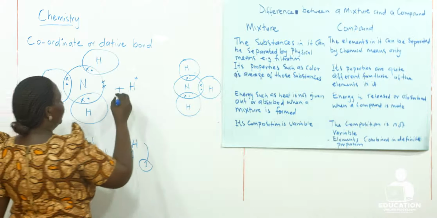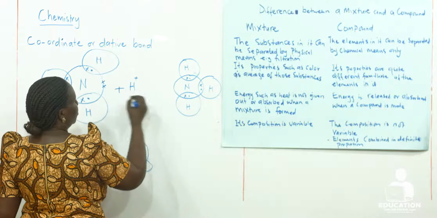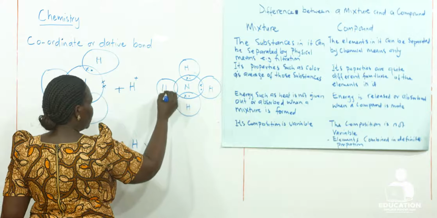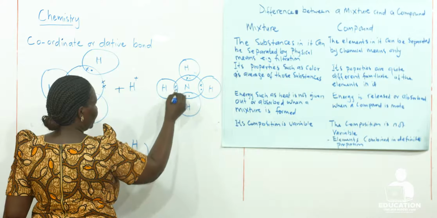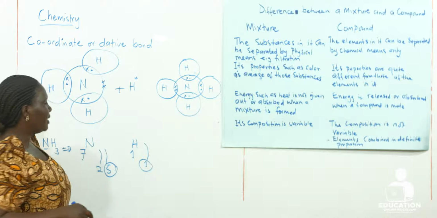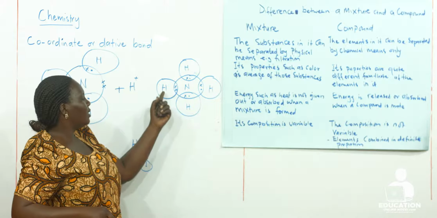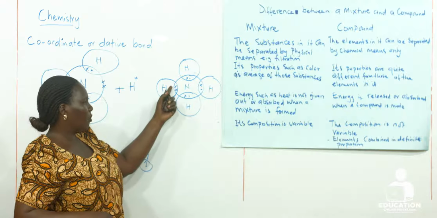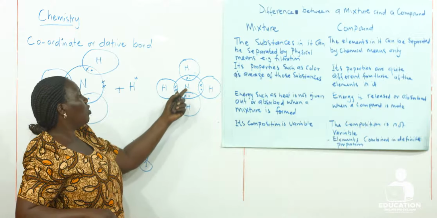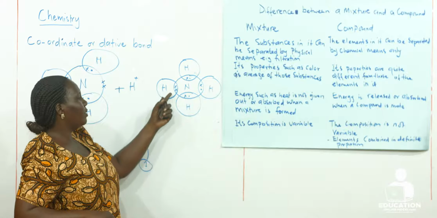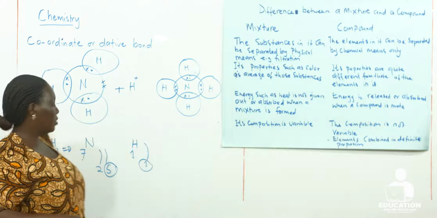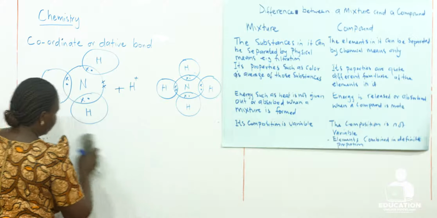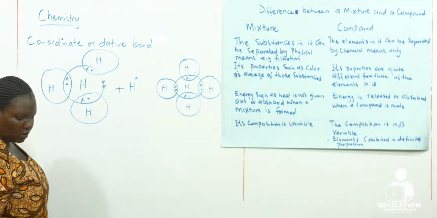Then this hydrogen proton will use these 2 electrons that is donated by nitrogen. That is here. This hydrogen proton will not contribute an electron for sharing. The electrons will all be donated by nitrogen, and hydrogen will have 2 electrons in its outermost shell.